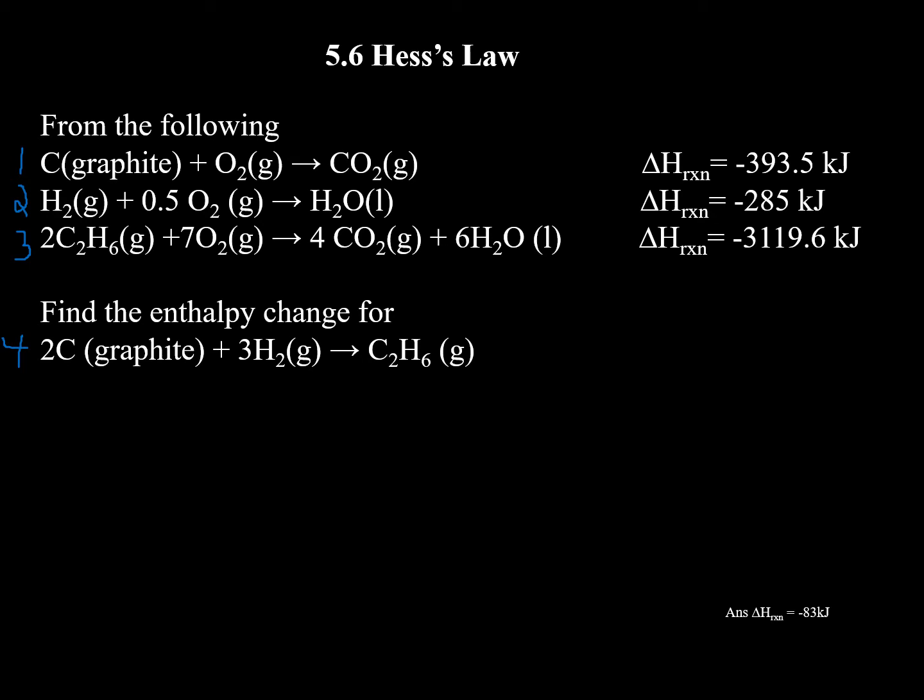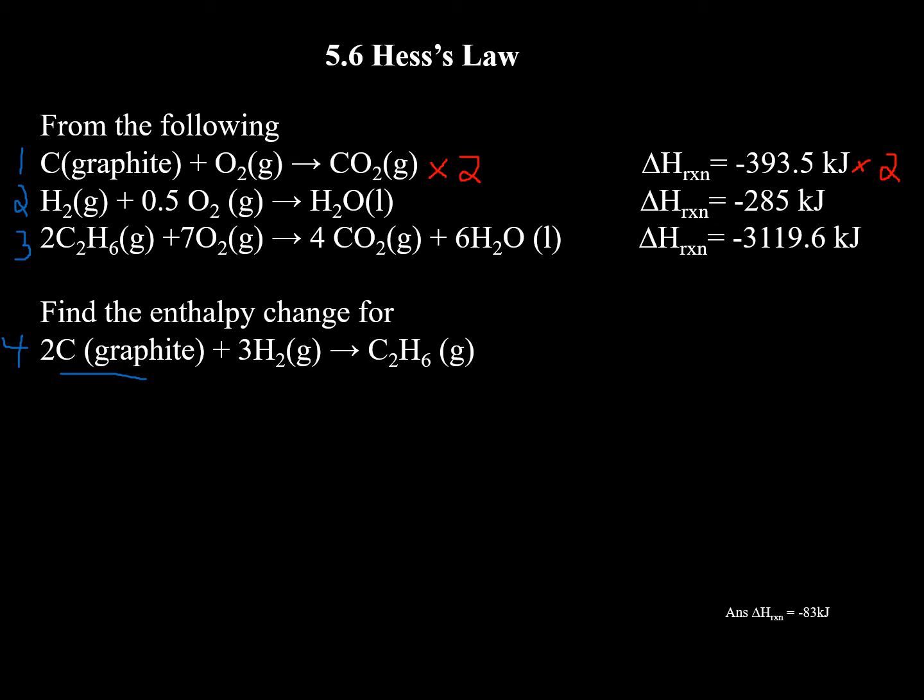So coming back, the first thing we see here is there are 2 graphites, 2 carbons here, and only 1 here. So we're going to multiply the first equation by 2. And if we multiply the equation by 2, we have to multiply the corresponding delta H by 2.